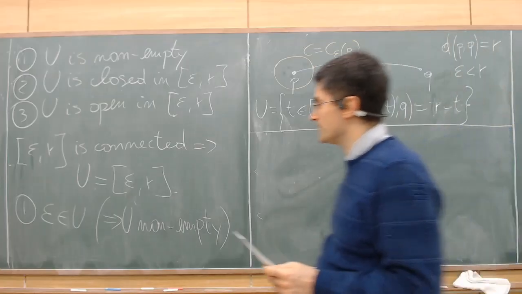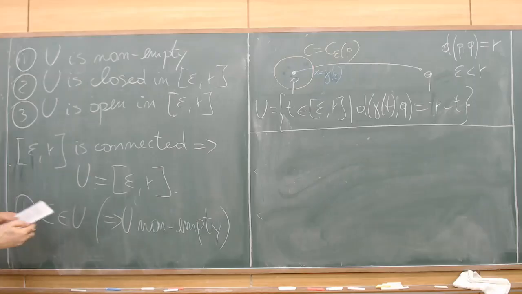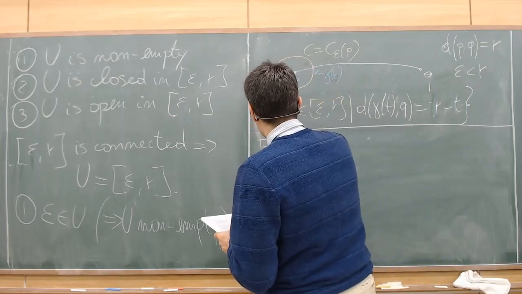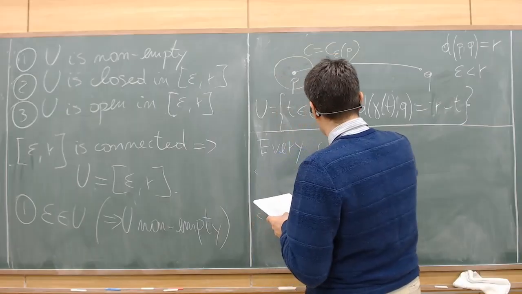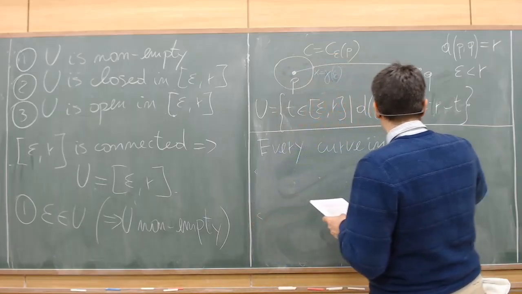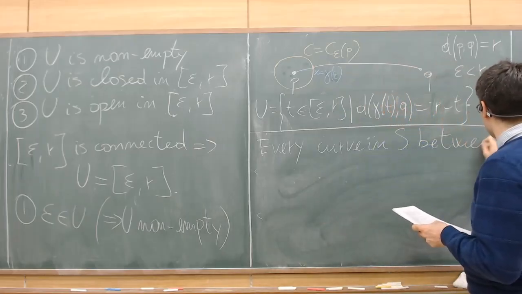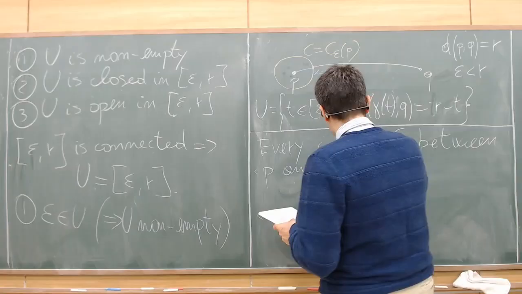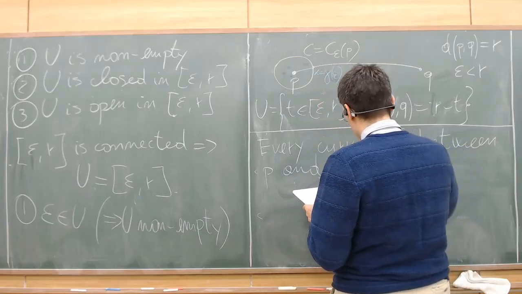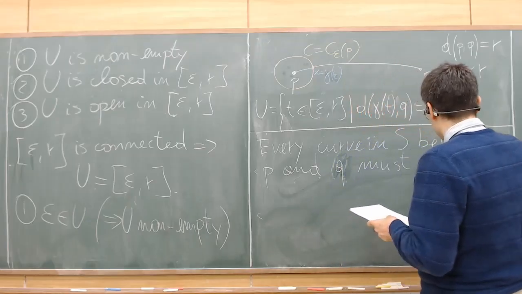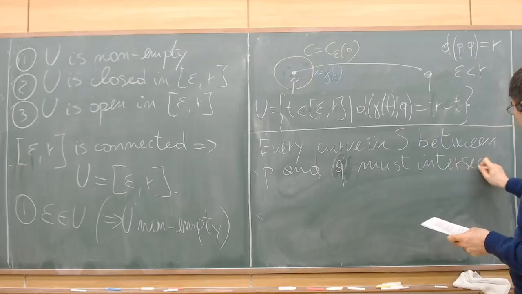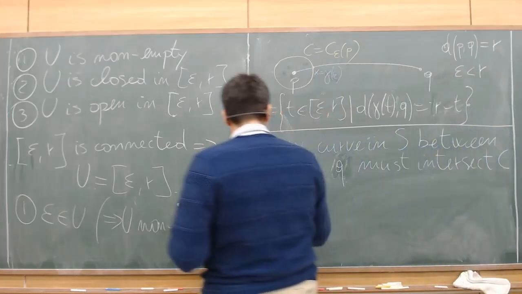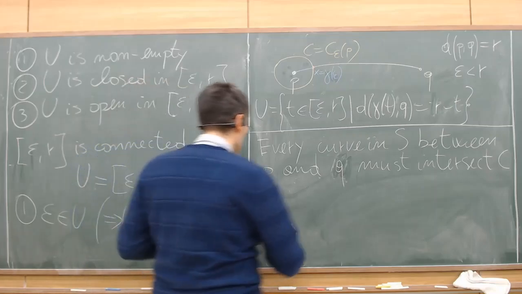The idea for proving that epsilon belongs to U is that every curve in S between P and Q must intersect C. So we can write the following formula.